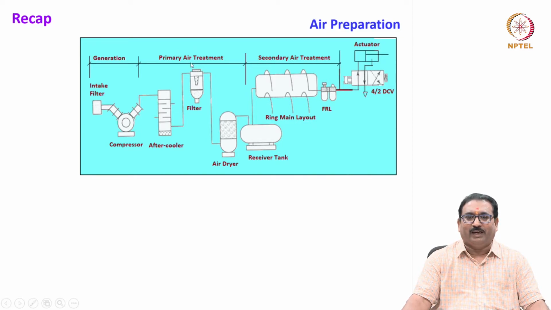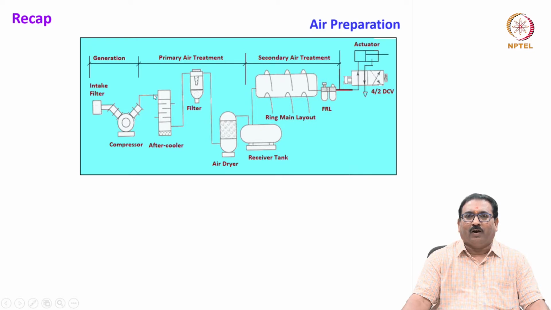What is this primary air treatment? As we know, the exit air, compressed air from the compressor is very hot. Again, it contains foreign particles, which are not removed by the intake filters.